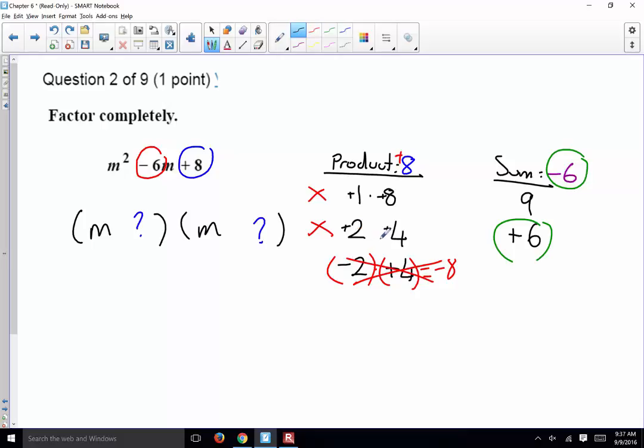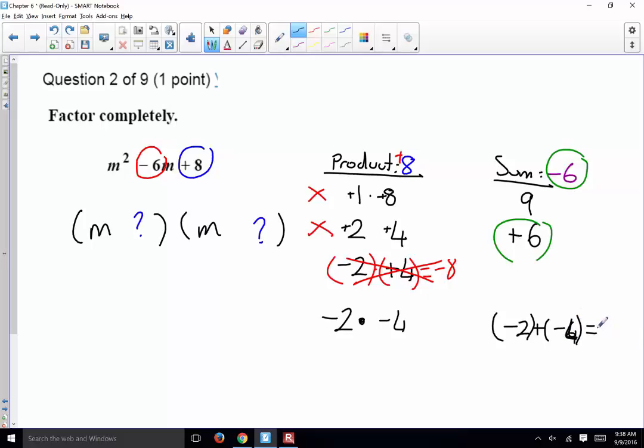We need to flip both signs. Try -2 times -4. What is -2 times -4? Positive 8. But when you add them, what is -2 plus -4?